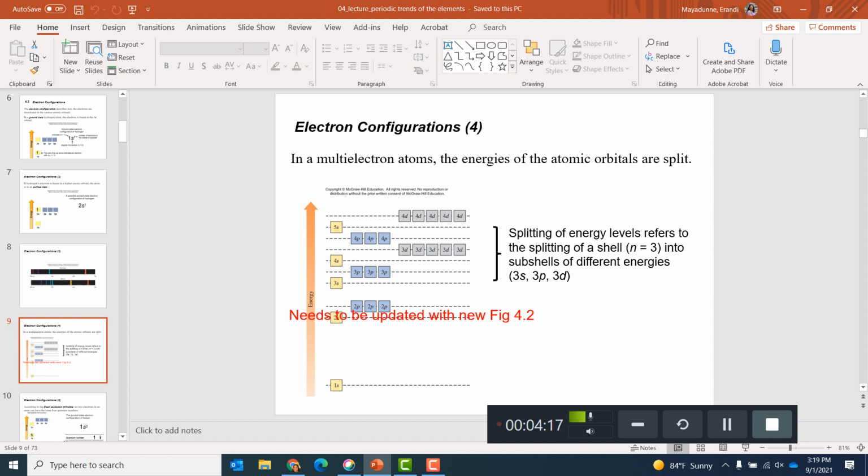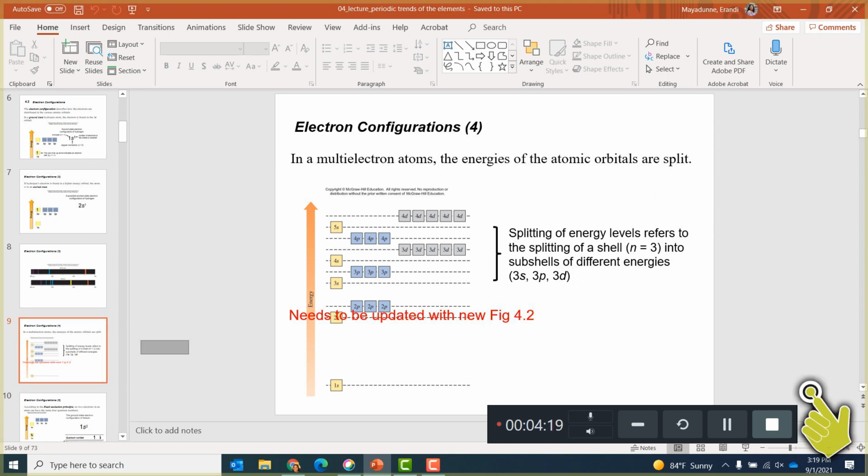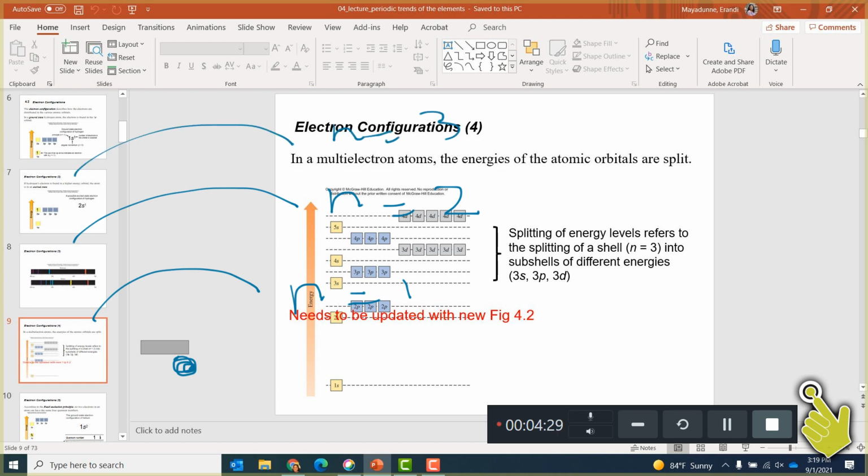Let me draw it. n equals 1, L equals 0. n equals 2, L equals 0 to n minus 1, so 0, 1. What does that mean? L is 0 and 1. 0 means it's an s orbital, L is 1 is a p orbital.